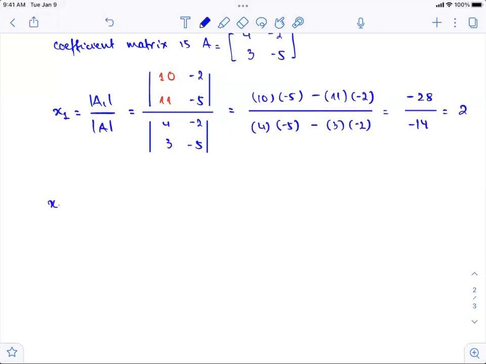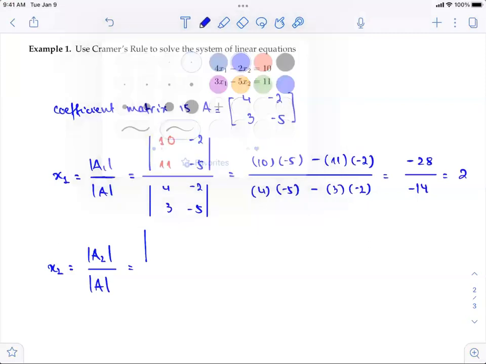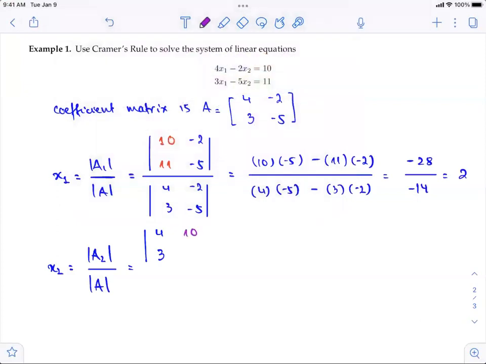For x2, this is equal to the determinant of A2 divided by the determinant of A. For A2, you remove the second column of the coefficient matrix and replace that with the entries in the right-hand side. So the first column remains the same. The second column now becomes 10, 11.